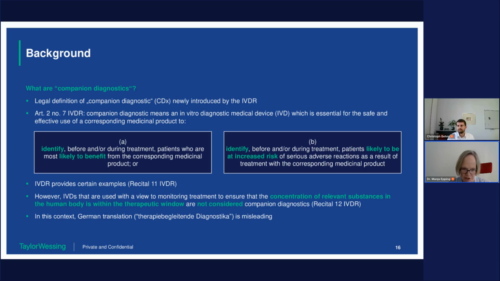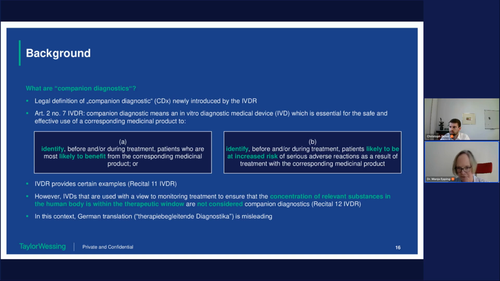And you can also refer, in addition to recital 11 of the IVDR, it says that the intention is to identify before or during a treatment patients who are most likely to benefit from a corresponding medicinal product. So in other words, patients that are eligible for a certain type of treatment because they have the properties that are needed in order to ensure a safe and effective treatment with this medicinal product.